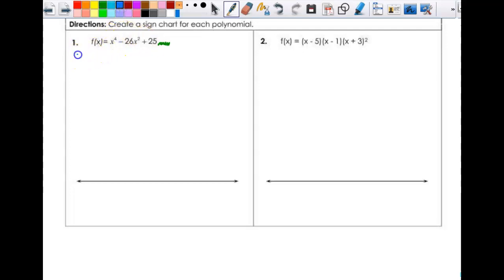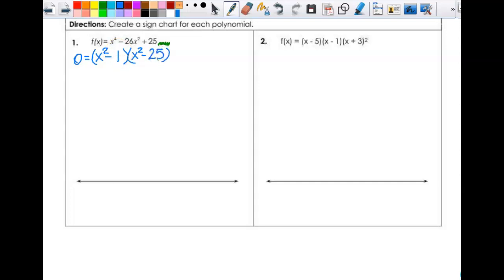So 0 equals, and a is 1 here, so I can go ahead and jump to this. I have x squared and x squared. The signs are the same because that's positive and they're both negative. So two numbers that multiply to give me 25 and combine to give me negative 26: 1 and 25.